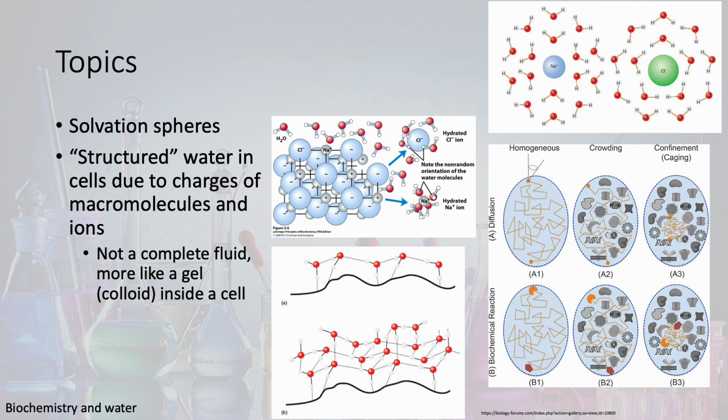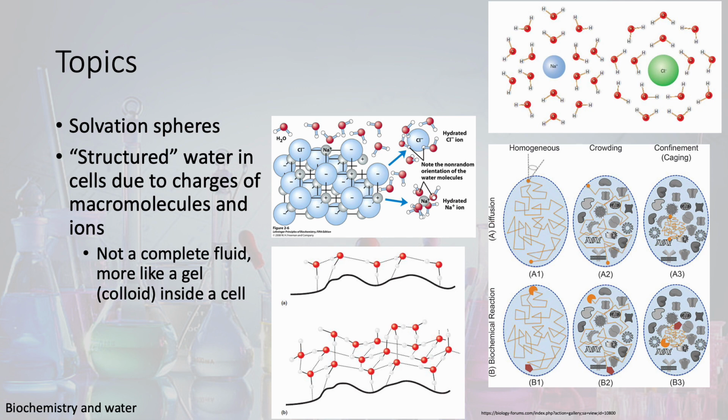And we care about solvation spheres from a biochemical perspective because they can have large influences on what these ions can or can't do. Some channel proteins have been built in such a way that depending on the solvation spheres around certain ions, they can or cannot pass through those channel membranes.